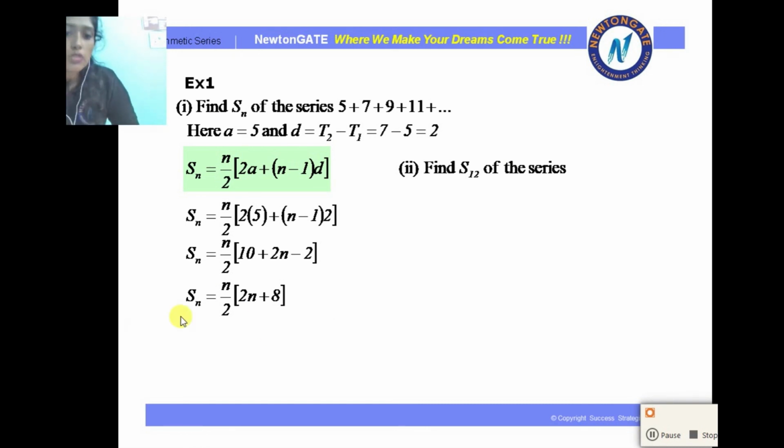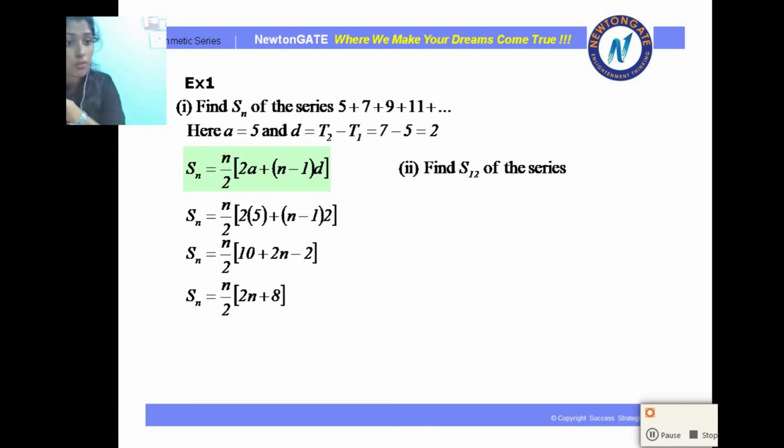So using this formula, now we will find S12, that is the sum of the first 12 terms of this particular series. We don't know the next terms, we haven't written them, but we can still find it using this formula. Another important thing to know is that S12 or Sn is for the formula from the first term, not from the end. It is always from the beginning.